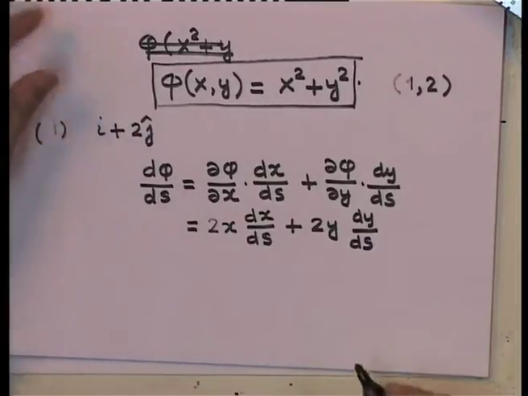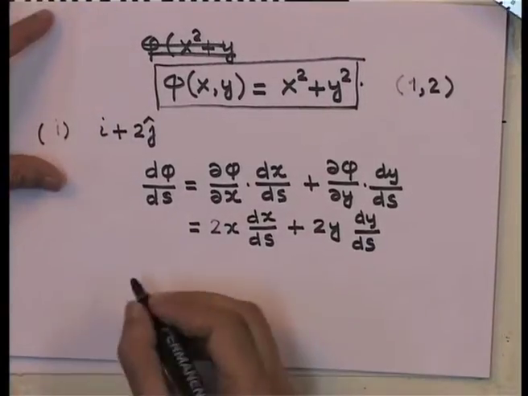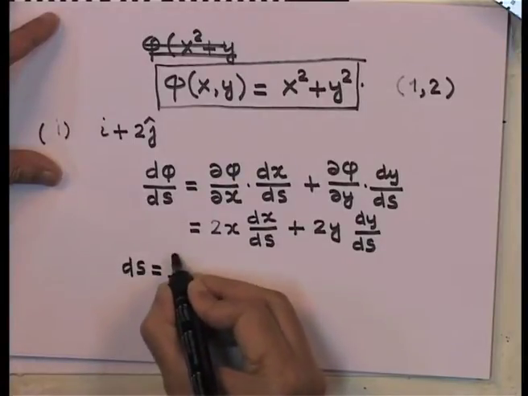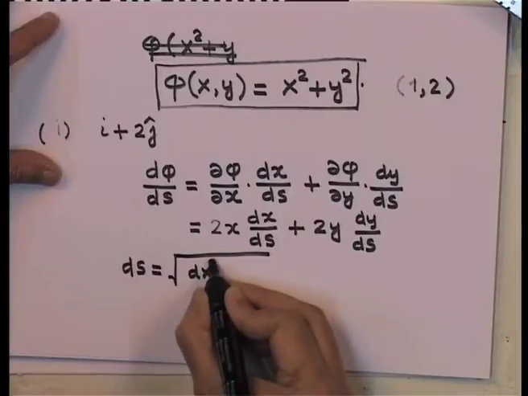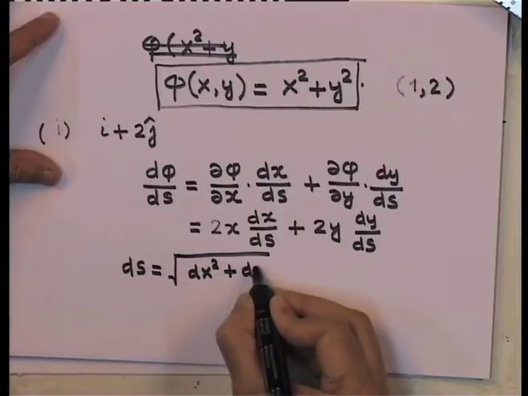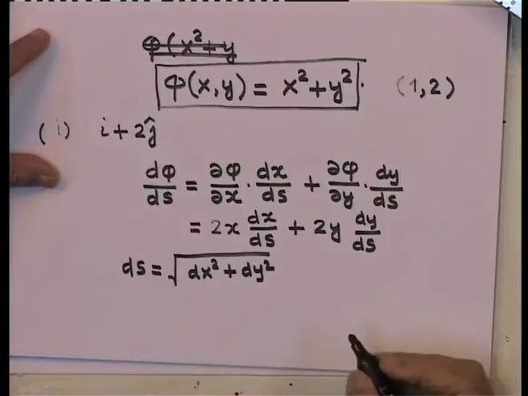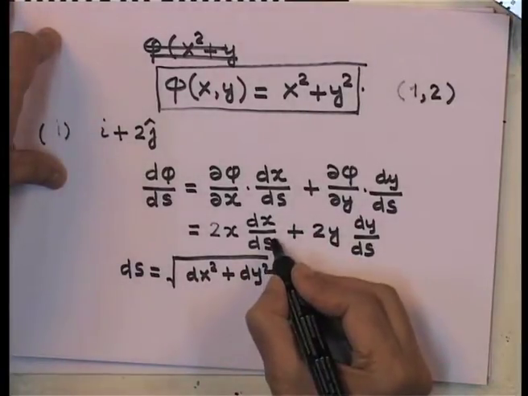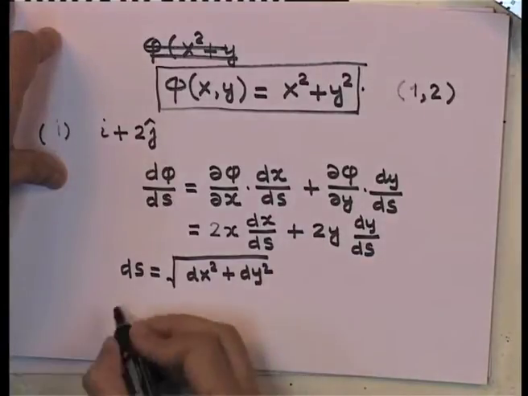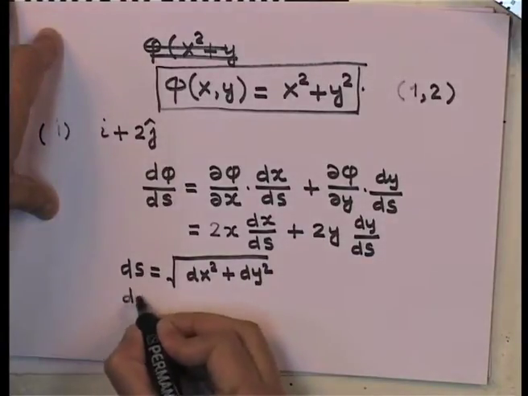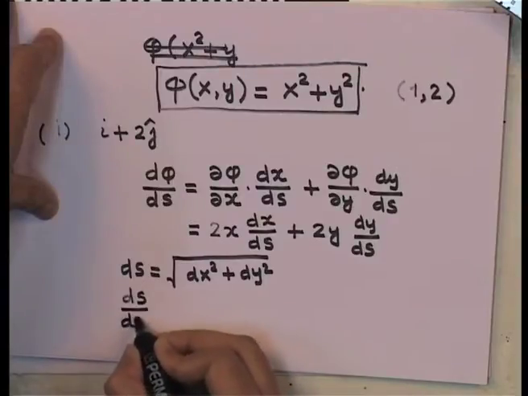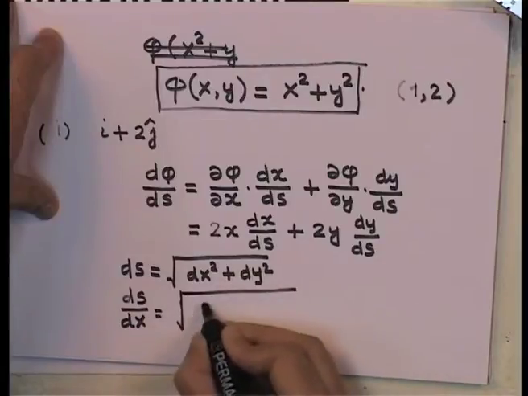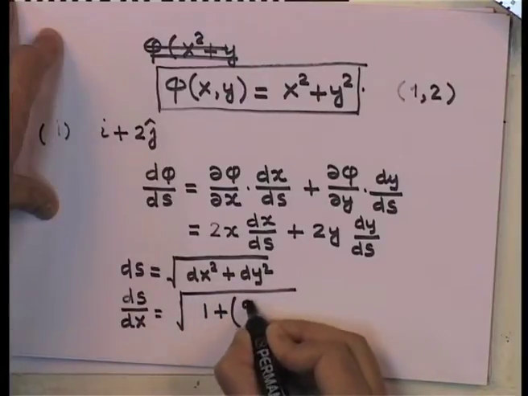Now, let us compute. We know that ds is nothing but the square root of dx square plus dy square. So, if I am calculating dx by ds, I will actually calculate ds by dx and invert it. So, ds by dx is square root of 1 plus dy by dx whole square.